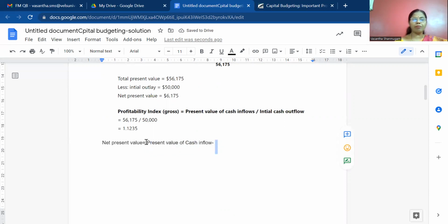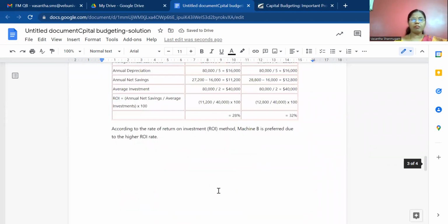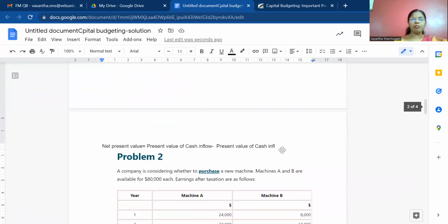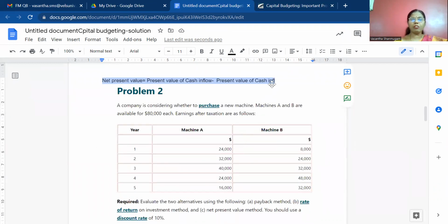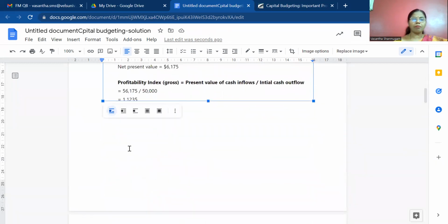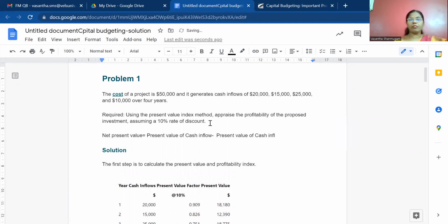Just note it down. This is the formula. Net present value is equal to present value of cash inflow minus present value of cash outflow.